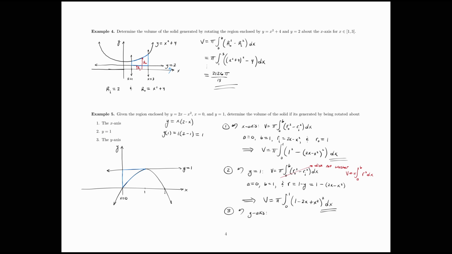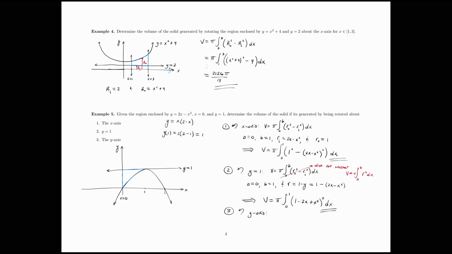And that is, we still draw a line segment perpendicular to our axis of rotation, but instead of it being perpendicular to the x-axis, it must be perpendicular to the y-axis since we are now rotating about the y-axis. So if we draw this line segment out, this is at some arbitrary height y, so this distance here is some x. So our radius is actually equal to x.